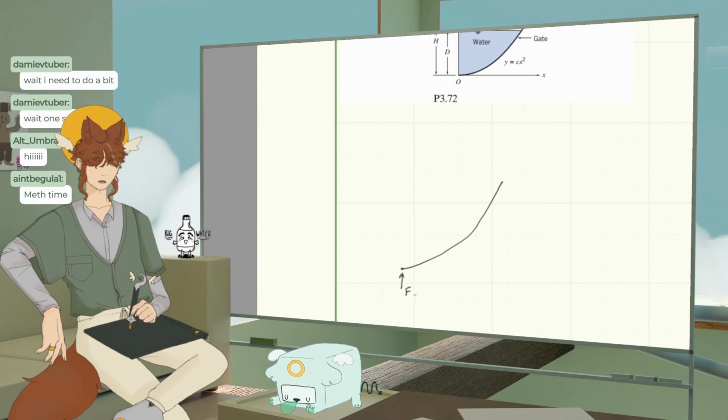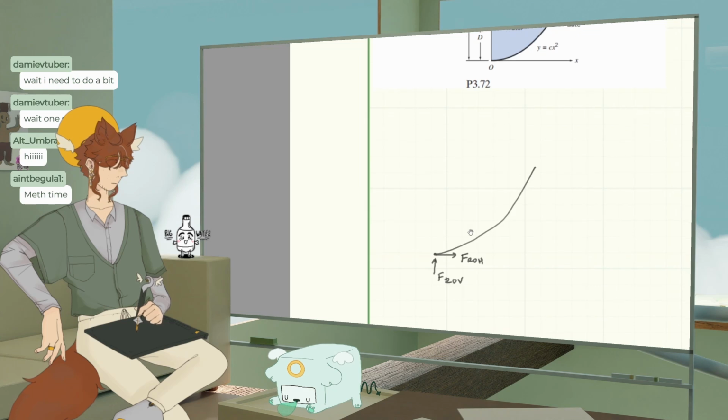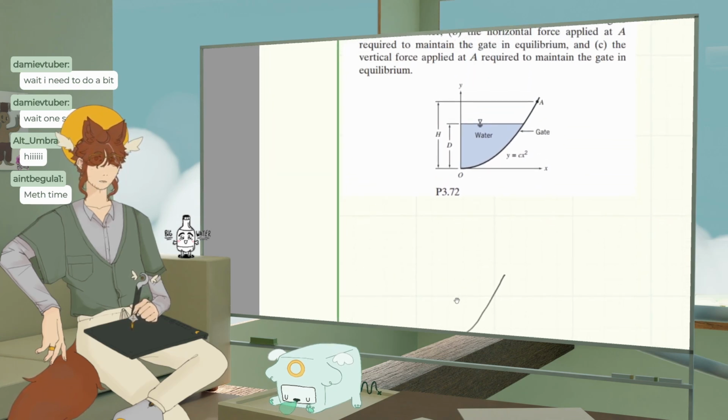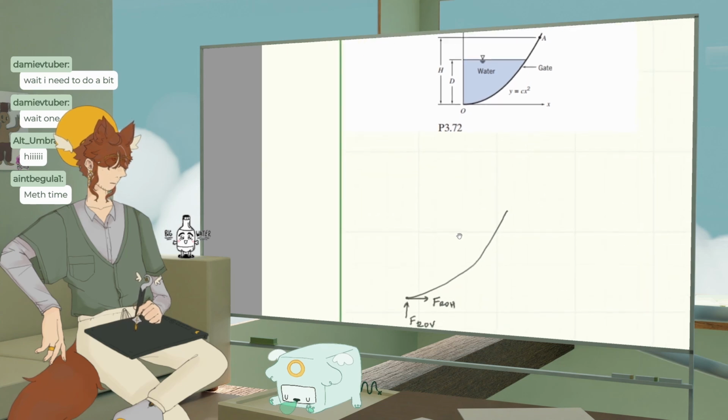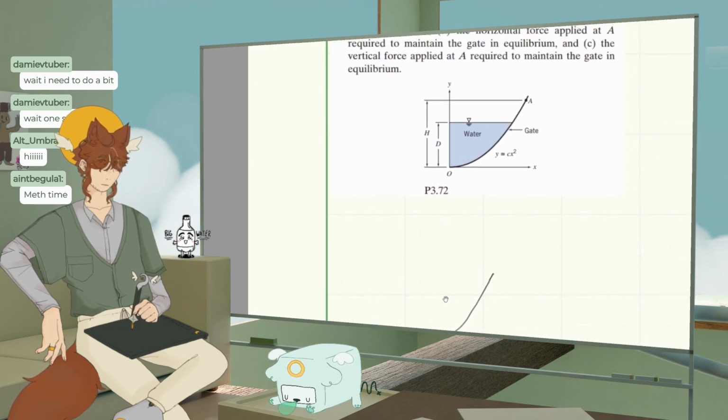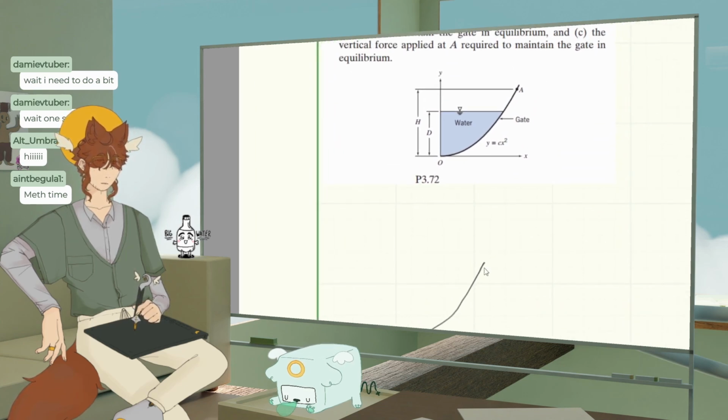So we got a reaction force at O, this is the vertical direction, just in case we choose a different one, and the reaction force at O, horizontal. It doesn't seem like they give us a weight for the gate, so we can kind of not deal with that. There's an A up here, and there's a horizontal force at A.